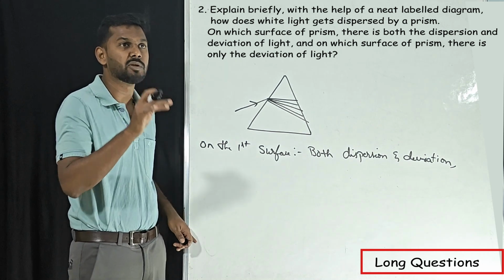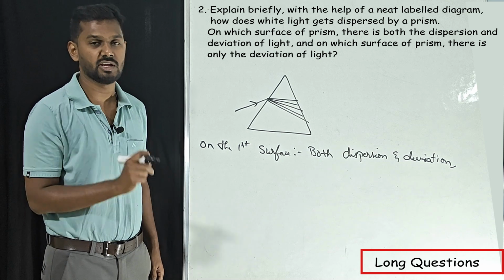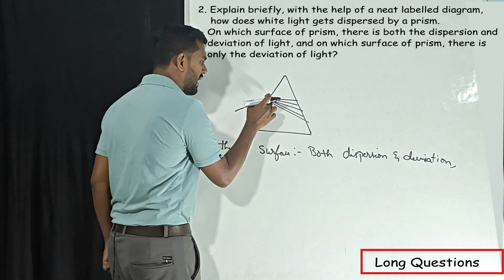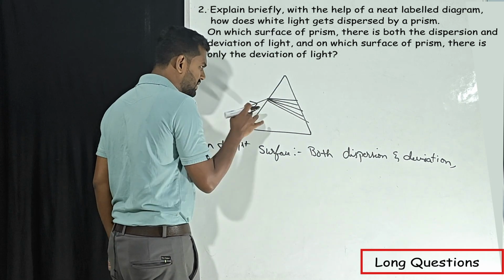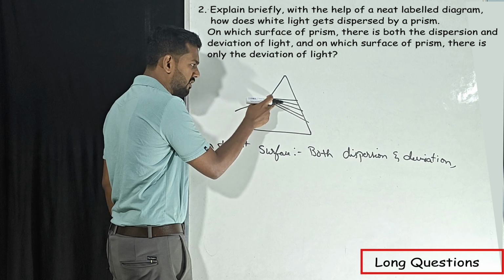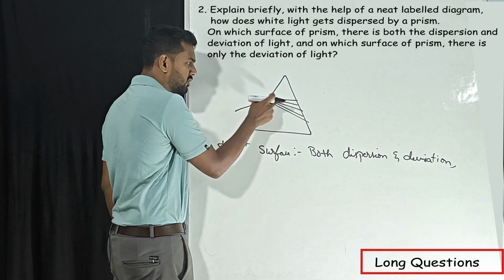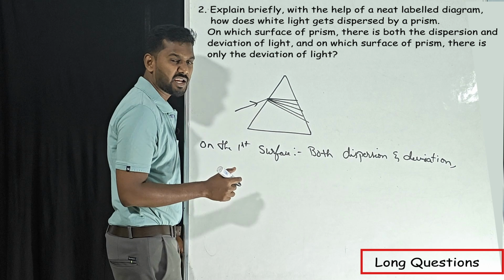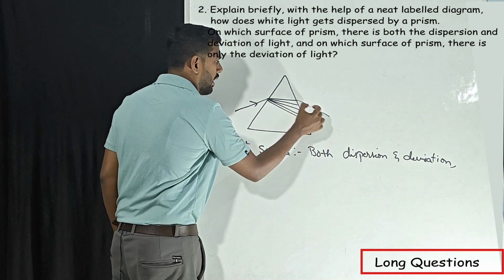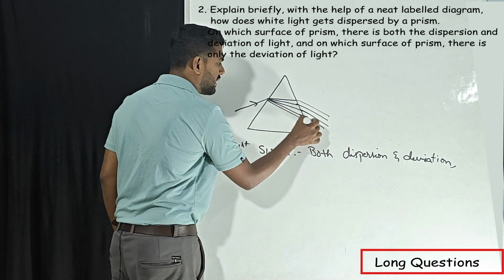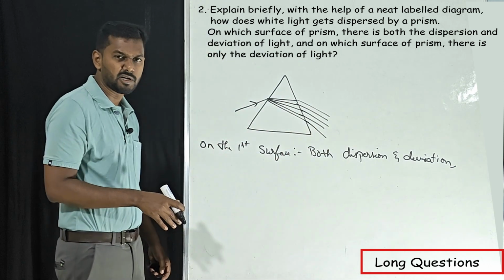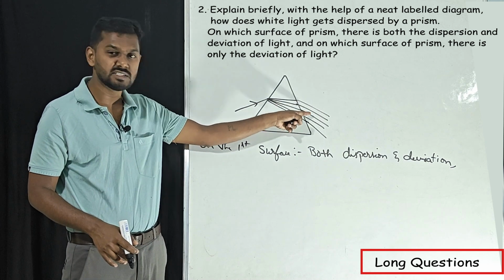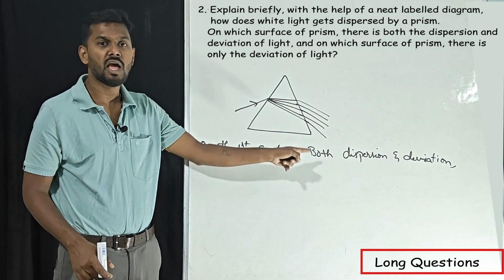Next, on which surface of the prism is there only deviation? On the first surface we cannot say only deviation, because white light splits into different colors, so there is dispersion as well as deviation. Now the second surface: here the colors are not getting split, but there is a change in angle.